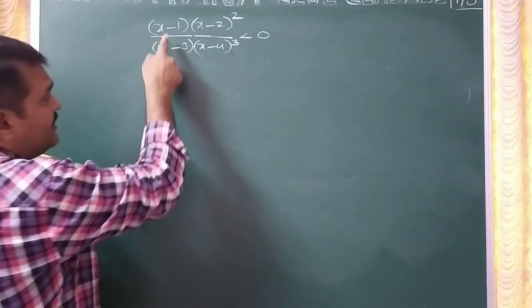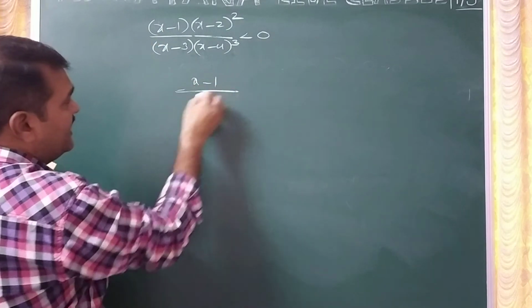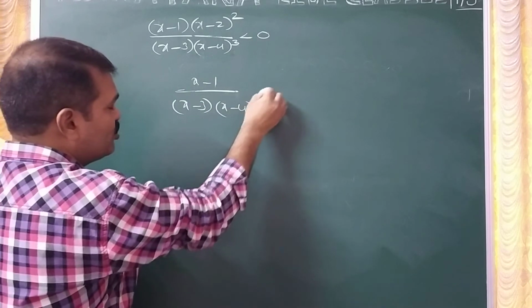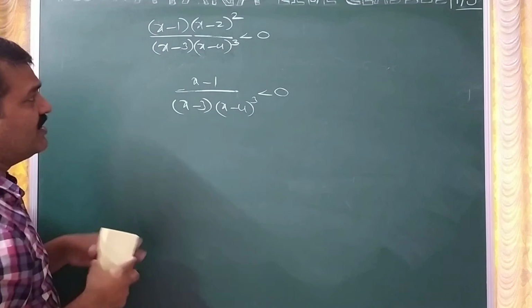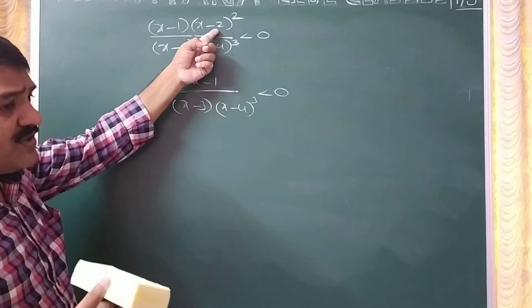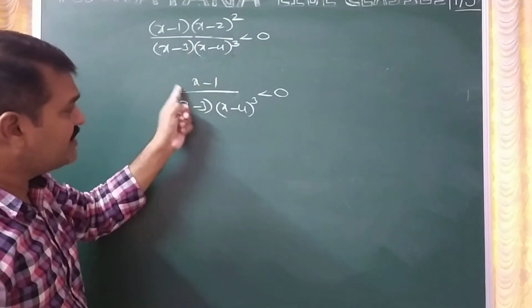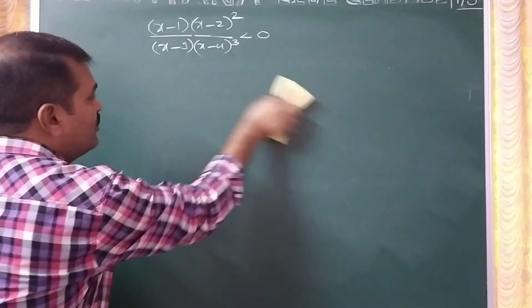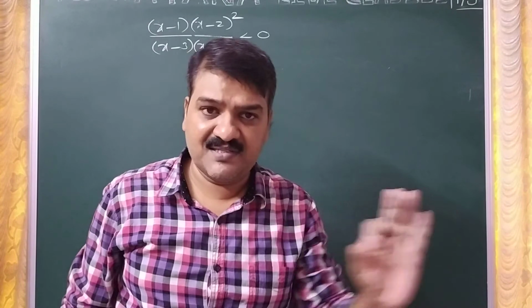That means the remaining portion, (x minus 1) by (x minus 3) into (x minus 4) whole cube, must be negative, then only the inequality will be correct. So you can neglect the even powers.